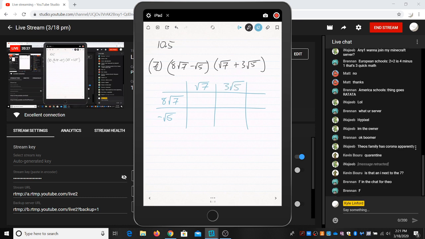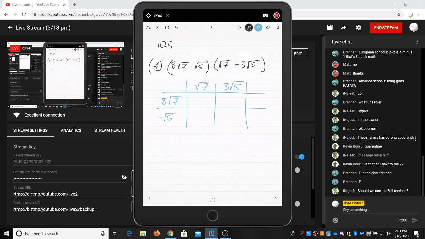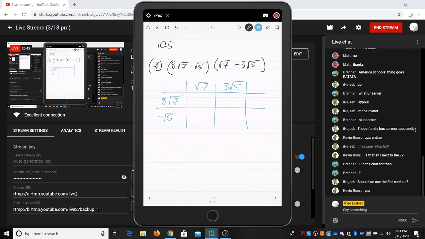Now, this again is very similar to what we did previously, where we're just distributing each term through individually. But instead, it gives us a really nice visual way of going about doing this. Should we use the FOIL method?